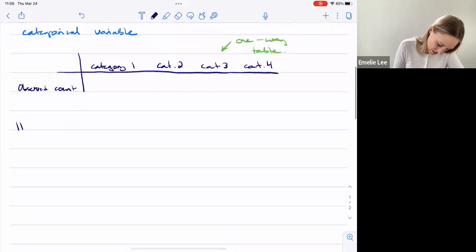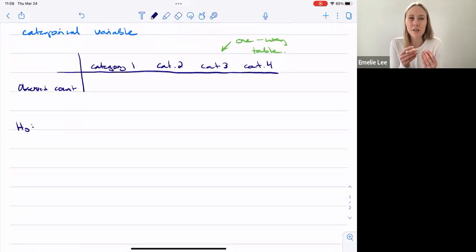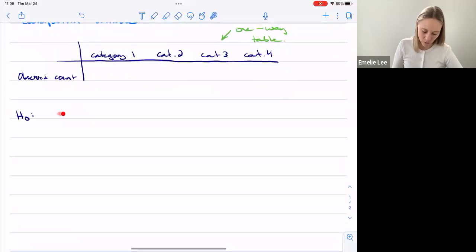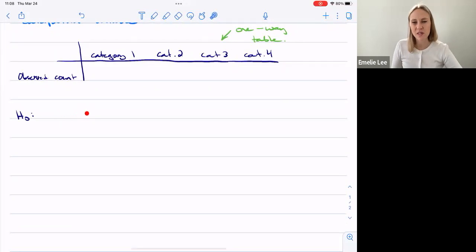Our null hypothesis can be a little bit tricky because we're no longer using Greek letters and symbols, which once you get used to, I find quite easy, because you just remember what you do and then plot them down. A little bit trickier for chi-squareds is that we're going to be writing out the null hypothesis. There's really no easy way to show it in symbols.